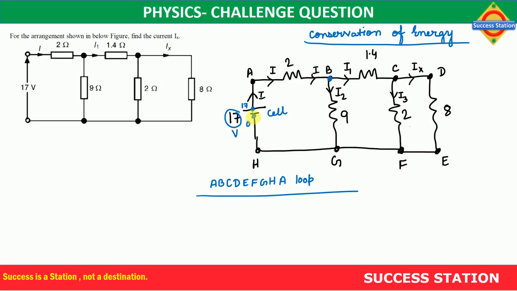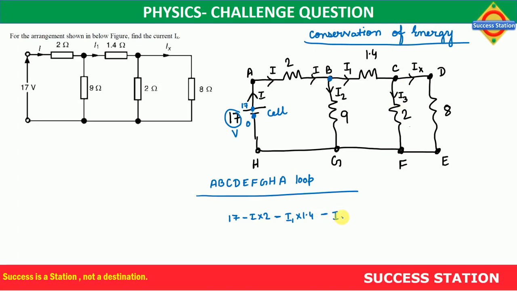Okay, so let's start. 17, right? Minus I into 2. Then minus, I'm not going this way because I'm taking this path. Minus I1 into 1.4. Then again, I'm not taking this path.